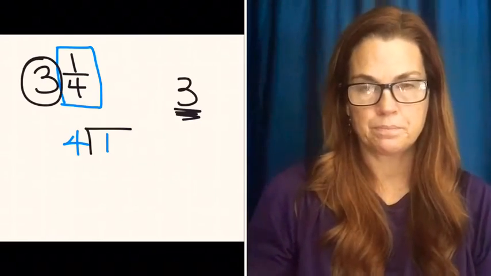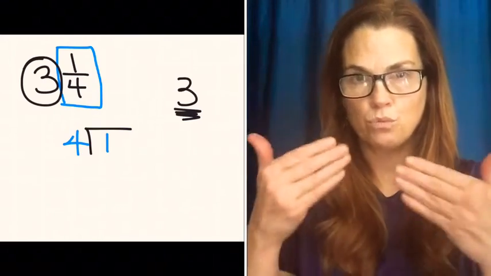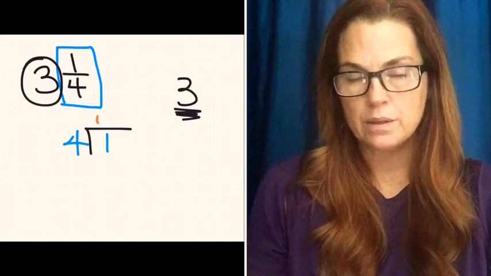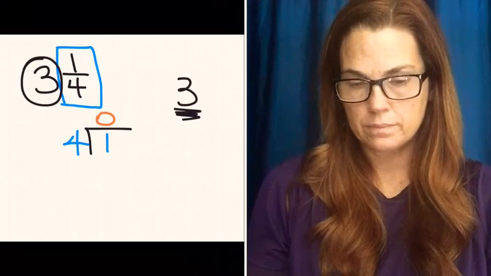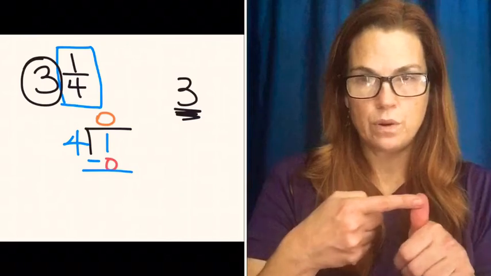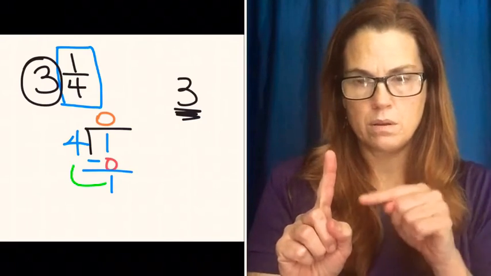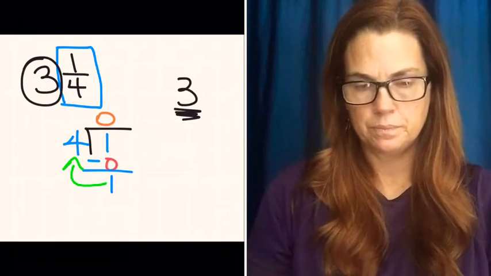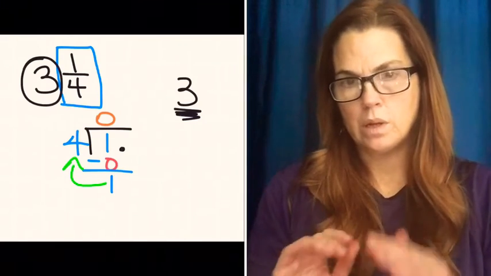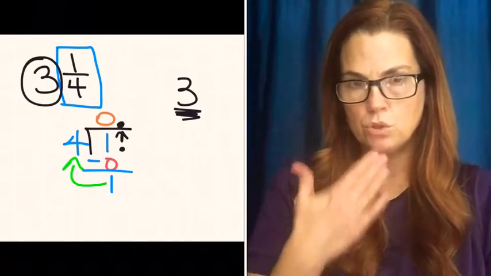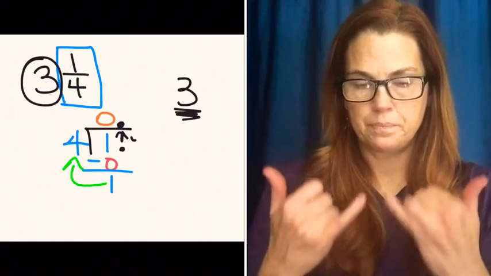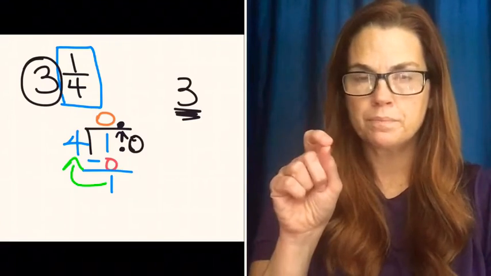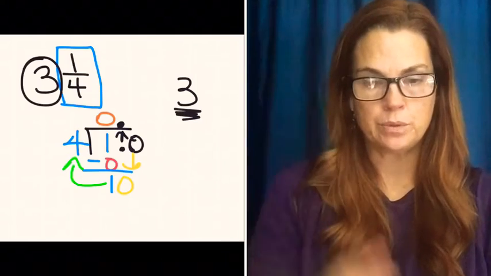And when I divide this fraction, I find that I can make no groups of 4, that when I subtract 0 from 1, I have 1. When I compare, I'm less, so I'm good. I need to now put a decimal in the dividend, push it to the top of the house, add a 0, which I'm now going to bring down.